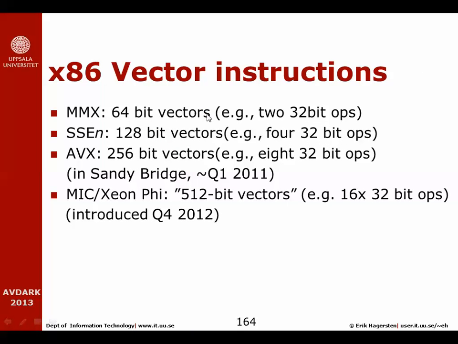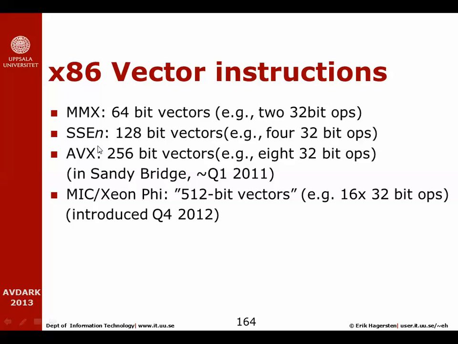So this has been going on for quite some time. MMX was the first vector instruction set implemented by Intel, and then came SSE, and the difference here is just how many bits each vector has. SSE went up to 128 bits, so you could do 4 32-bit integer operations like what I showed in the previous example.